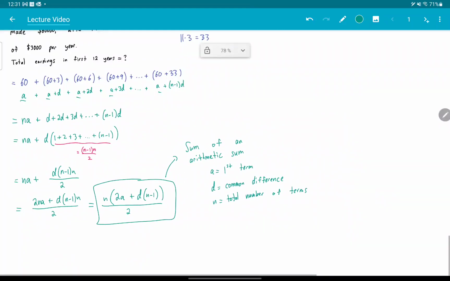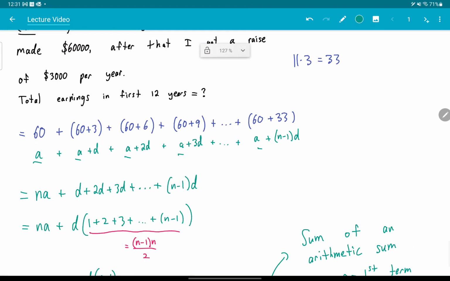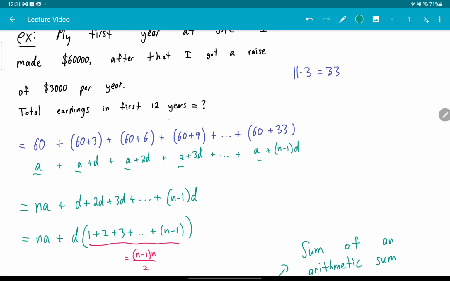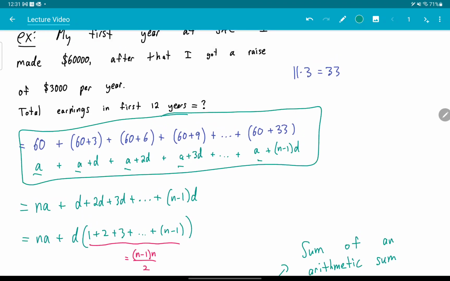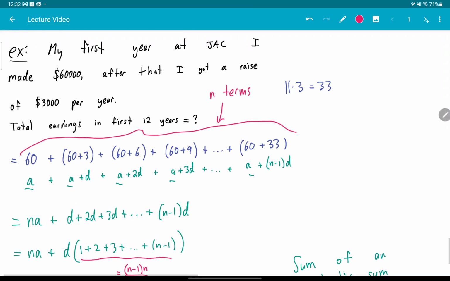Okay, so what do we have here? The meaning, I hope, of A, n, and D is clear from what I wrote here. Maybe you want to make sure you add to your notes that you have n terms. So A, n, and D. So in our example, what do we have?